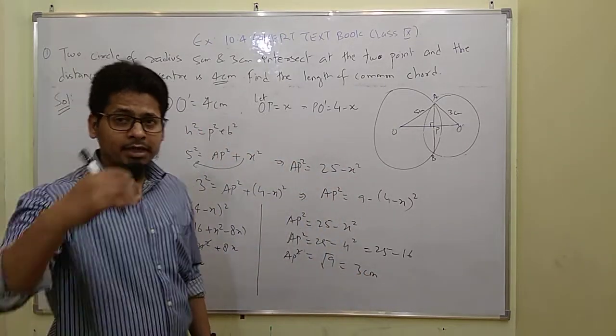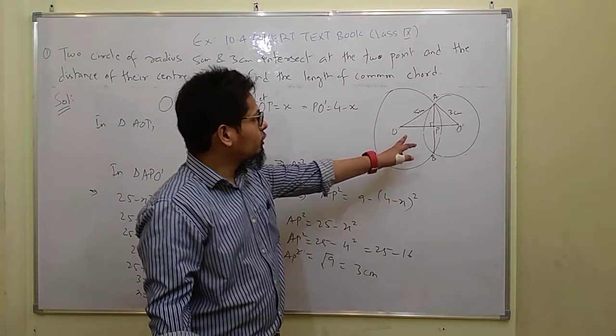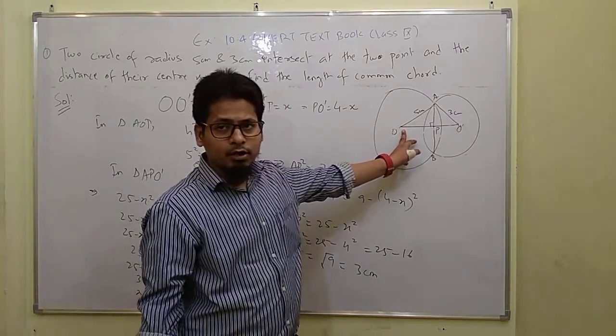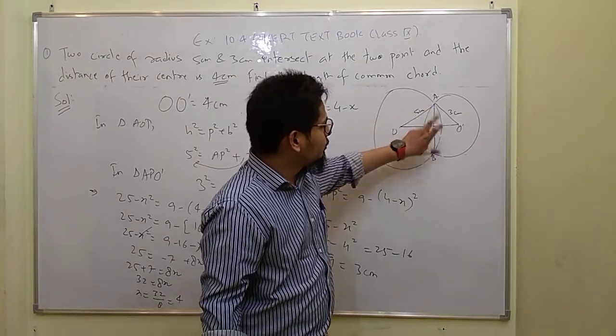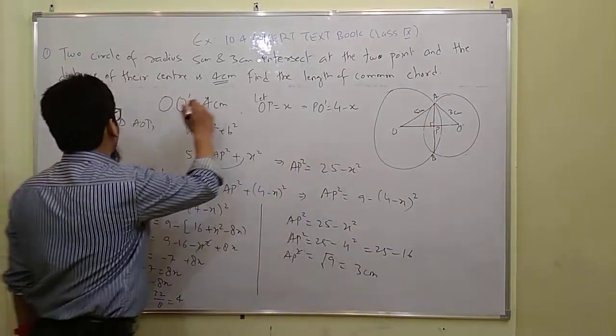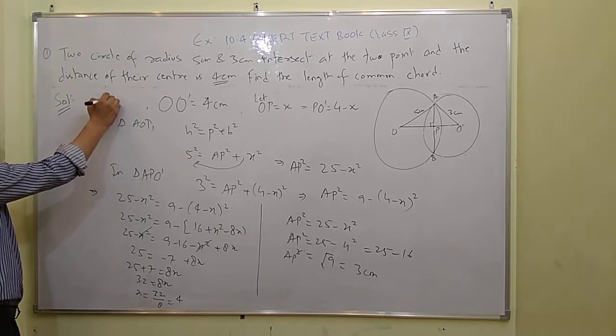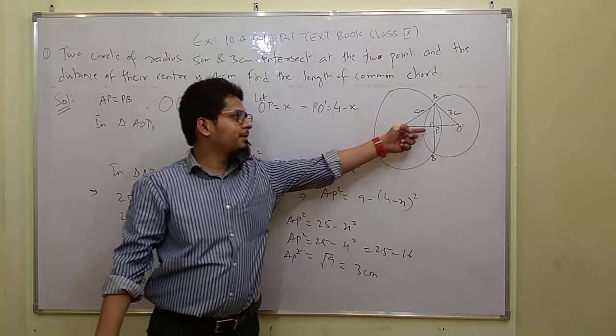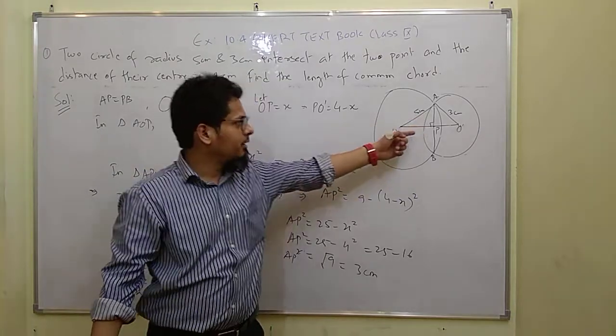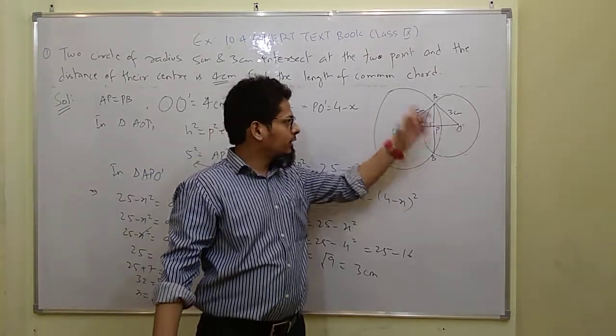What does the theorem state, which I just stated before, is that if you draw the perpendicular from the center, then this line will bisect the chord. So AP is equal to PB, right? So I also write it here, AP is equal to PB. Why? Because OP is perpendicular, so it will halve both sides, right?